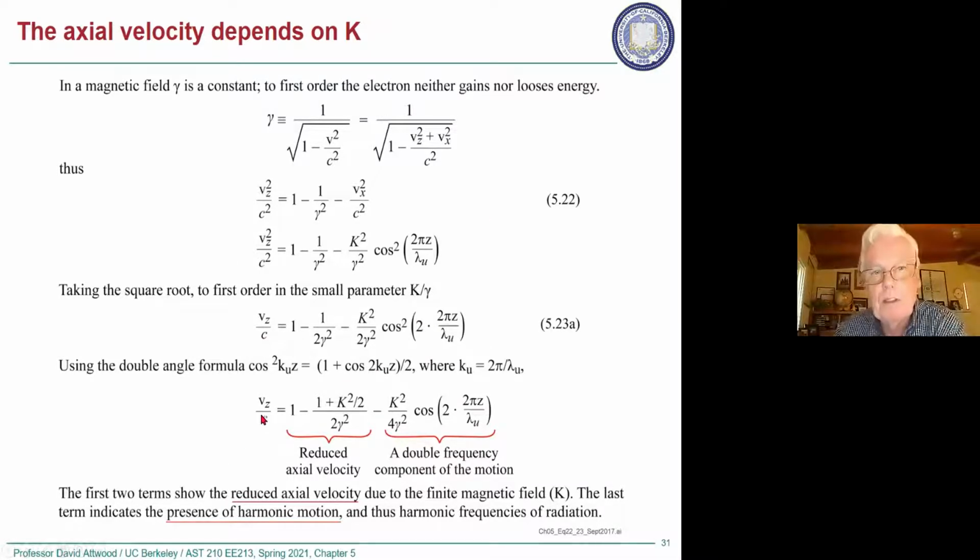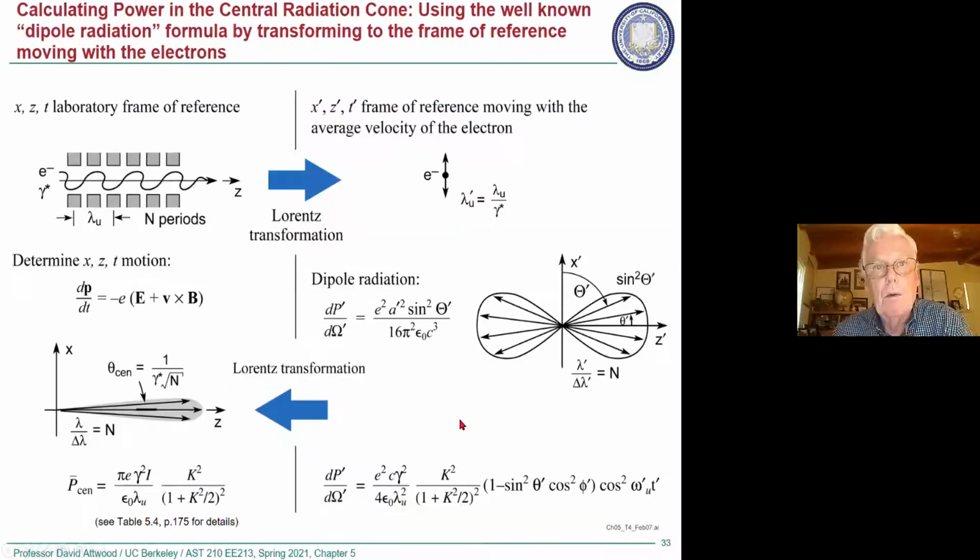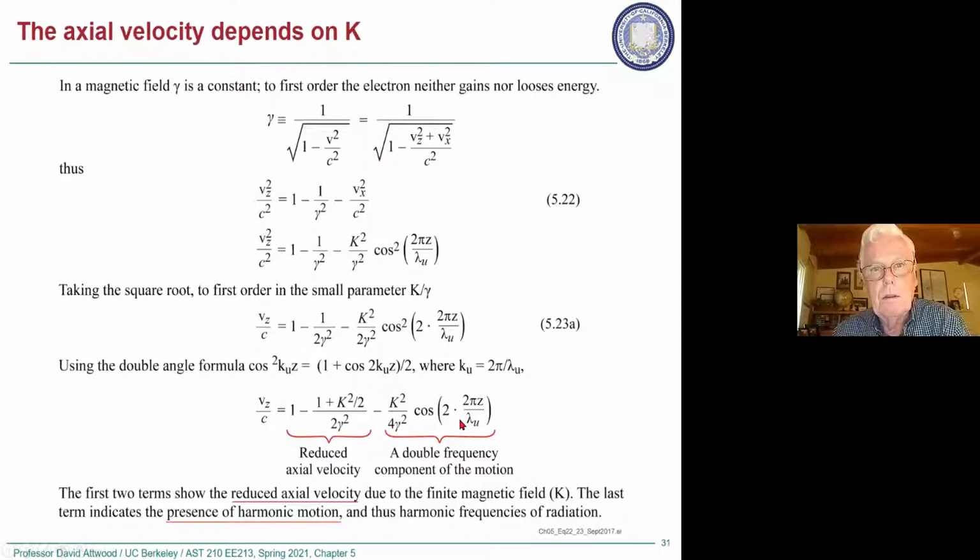But what I wanted to say was, we solved the velocity in the z direction, and we got that it was slowed down a little bit. That's how we introduced the effective value of gamma. But we saw that there was also a double frequency velocity in the z direction.